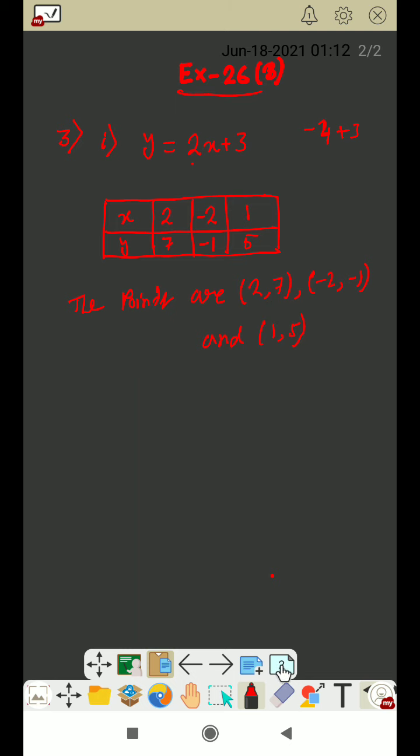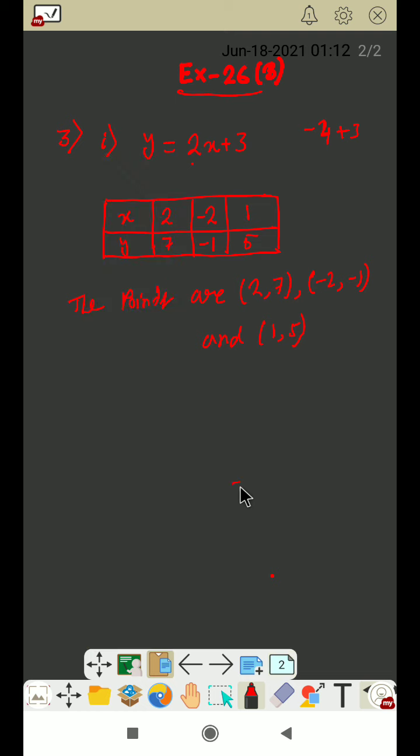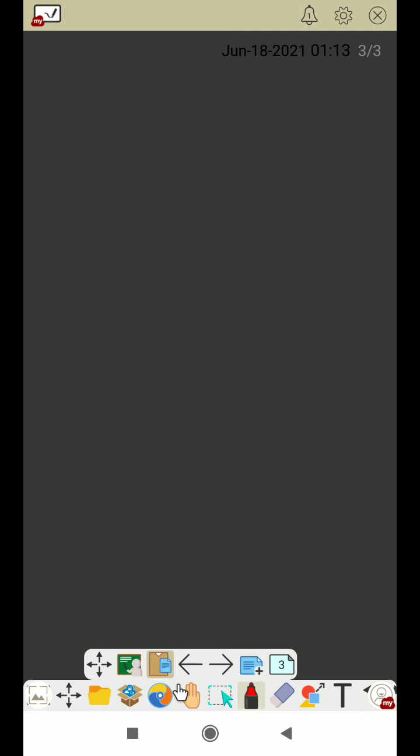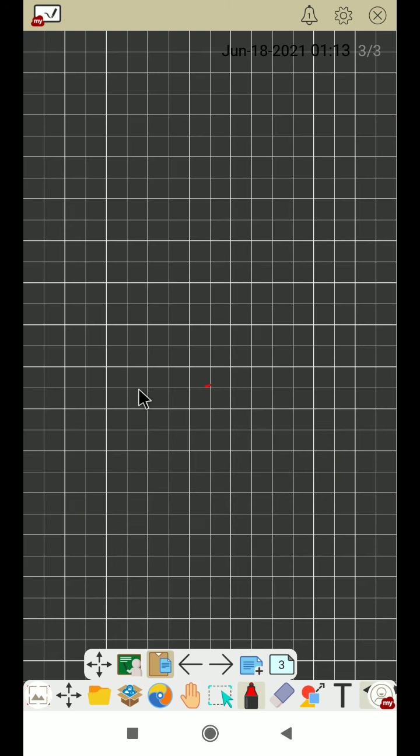Now go to our graph. So this is our graph. Firstly, you have to draw the x-axis and y-axis.